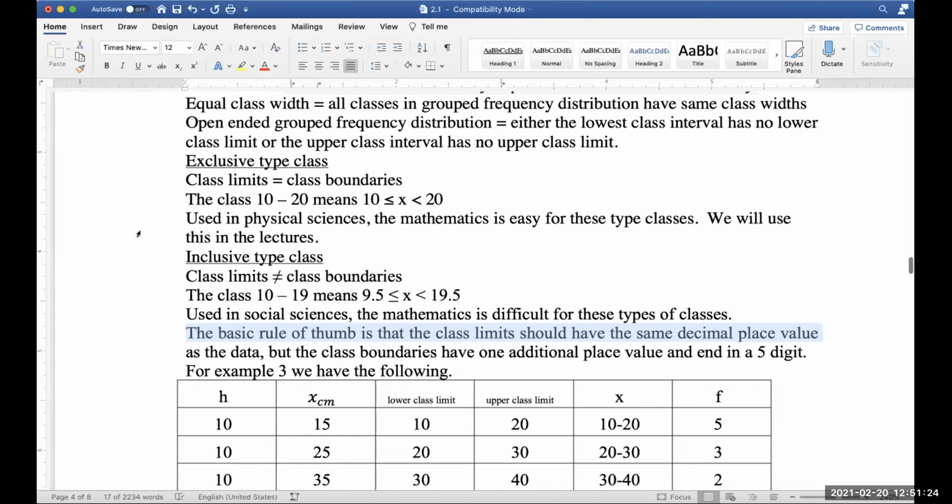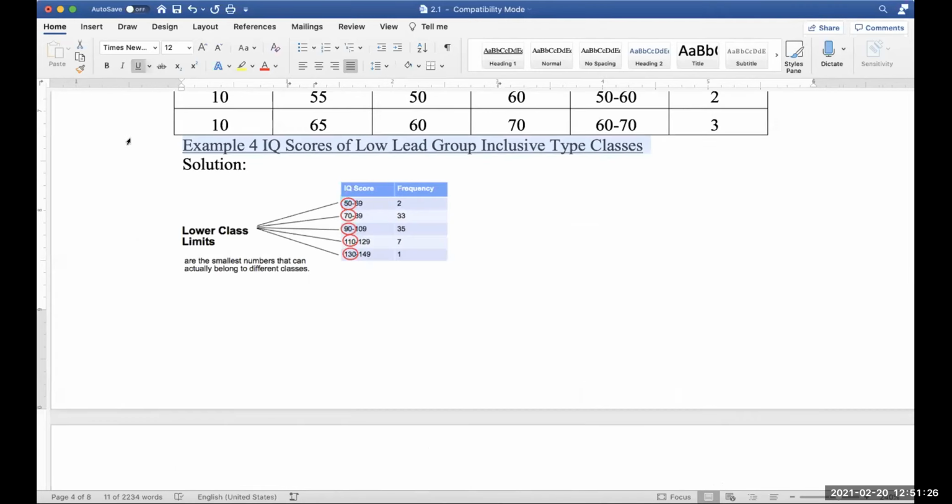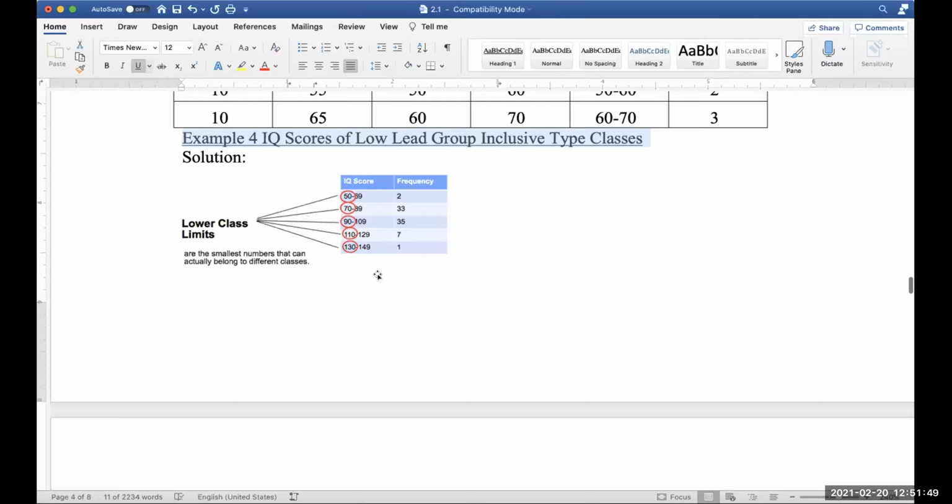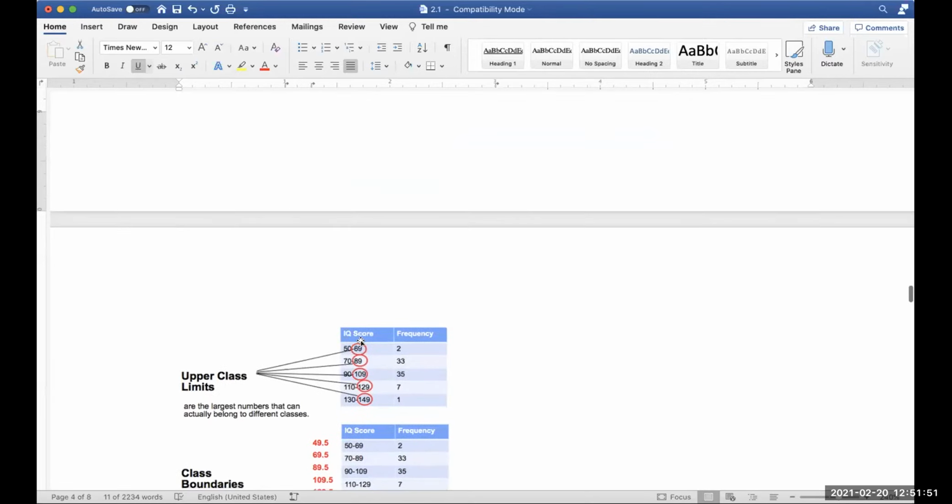Okay, so let's look at some examples of inclusive type group frequency distributions. IQ scores on low lead group, inclusive type classes. The lower class limits here are 50, 70, 90, 110, 130. The upper class limits: 69, 89, 109, 129, 149.